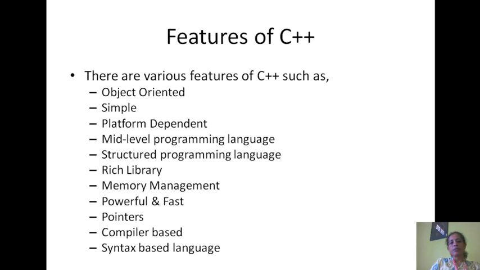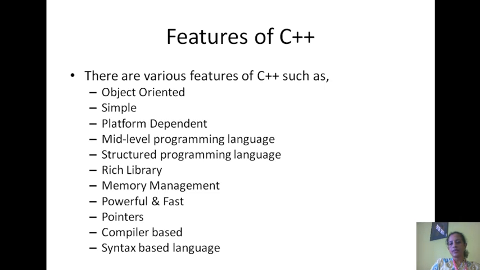It is a mid-level programming language. The basis of C++ is structured programming: whatever we write within the functions or blocks of the program, according to that we get the structure of the program.